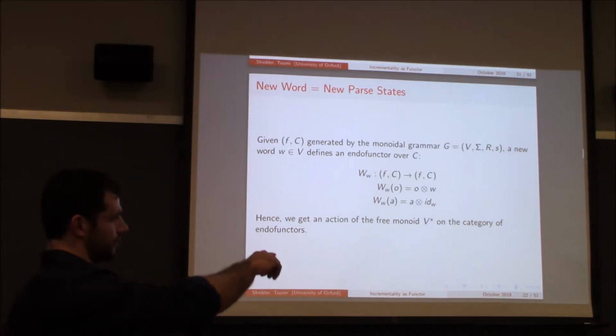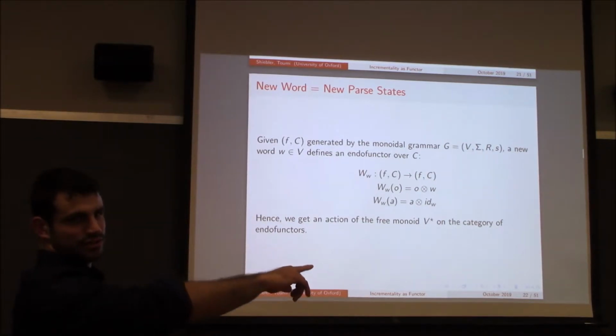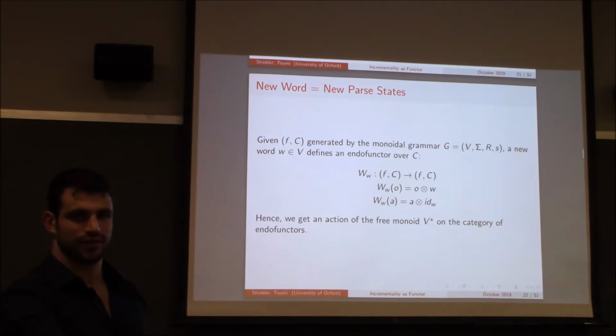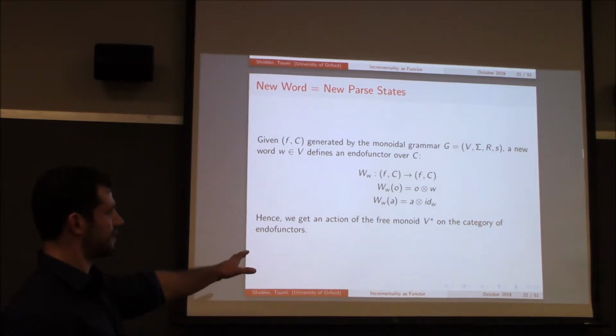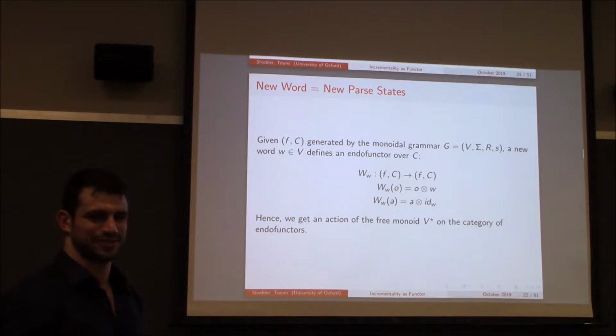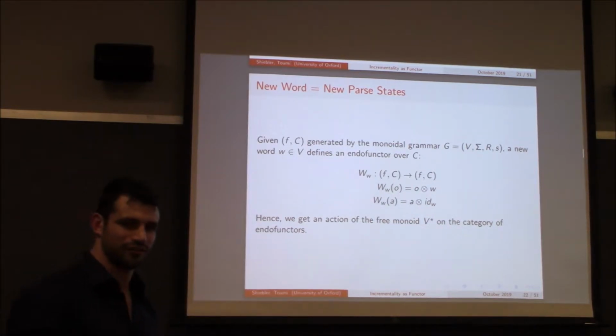It maps any object to that object tensored with the word, and it maps any arrow to that arrow tensored with the identity arrow for this word. So this is a very uninformative endofunctor, the dumbest approach: this is what a new word does to our parse states. But it doesn't really tell us how this parse state can evolve.